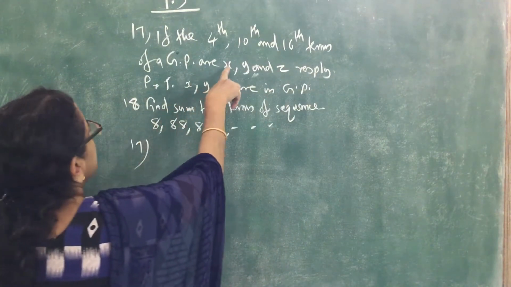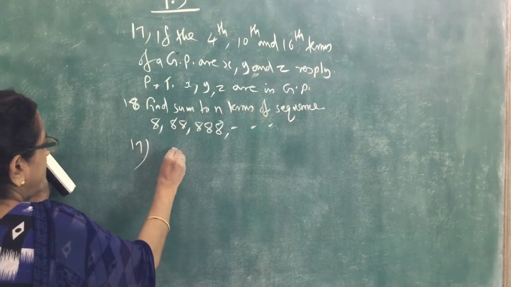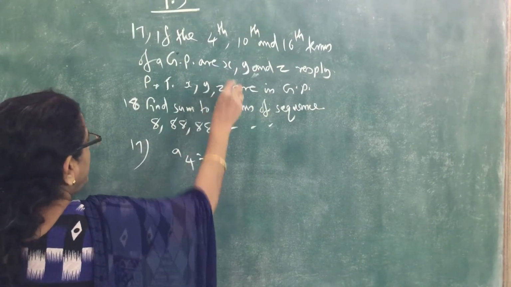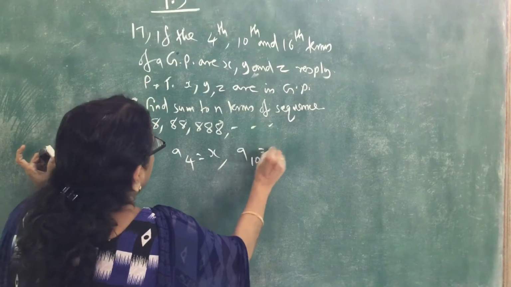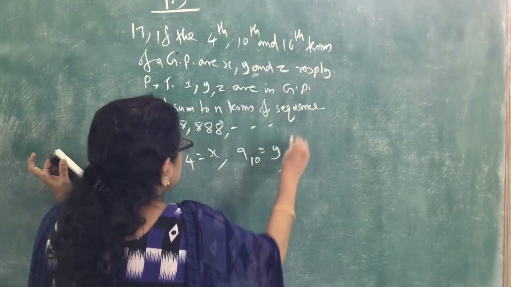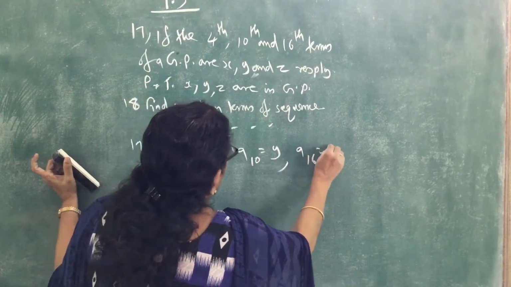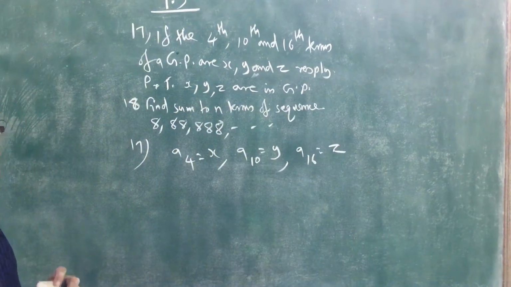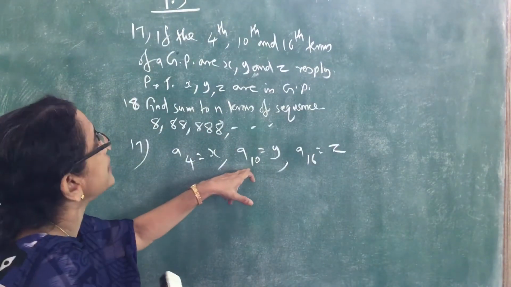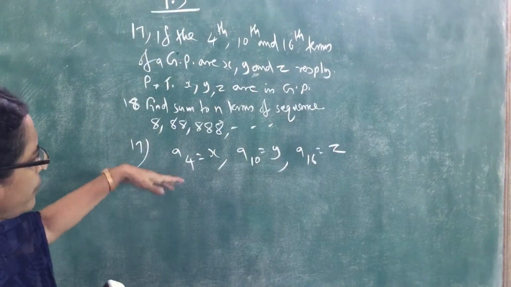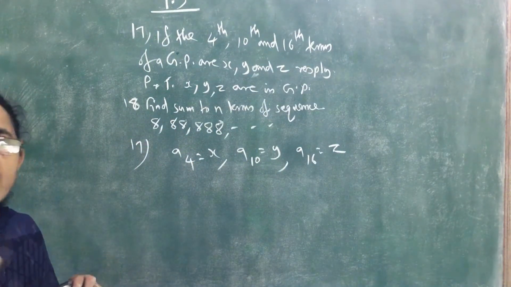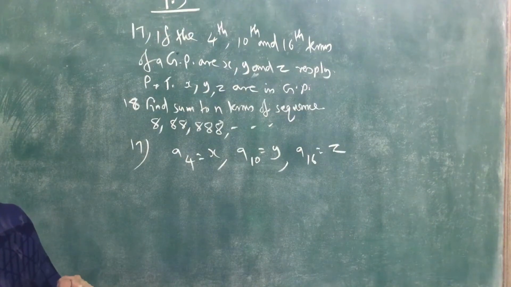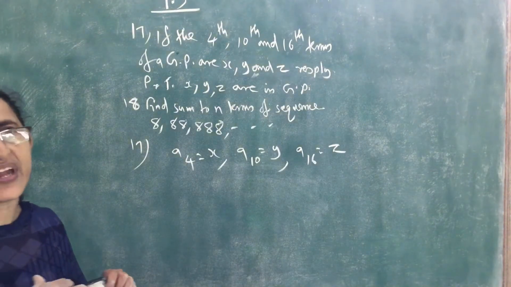So the 4th term, A4, equals x. The 10th term, A10, equals y, and the 16th term, A16, equals z. These are the three terms given. Now we will substitute the formula. The formula for the nth term is A into R raised to n minus 1.